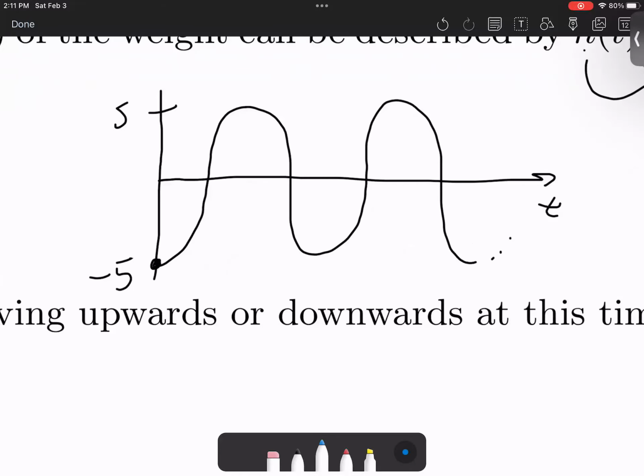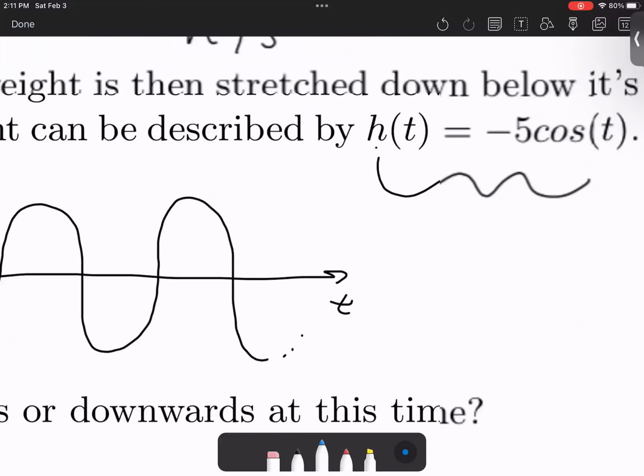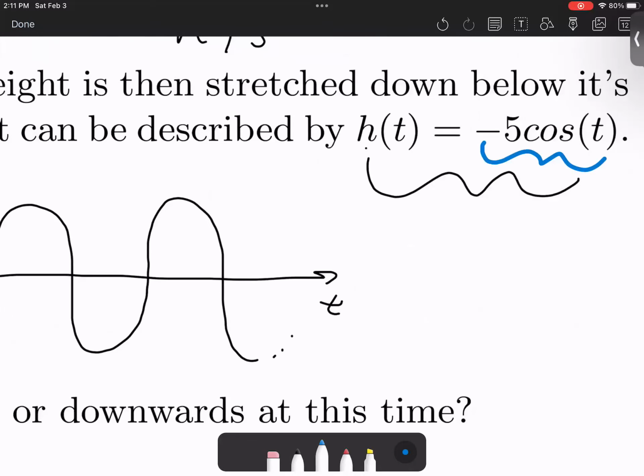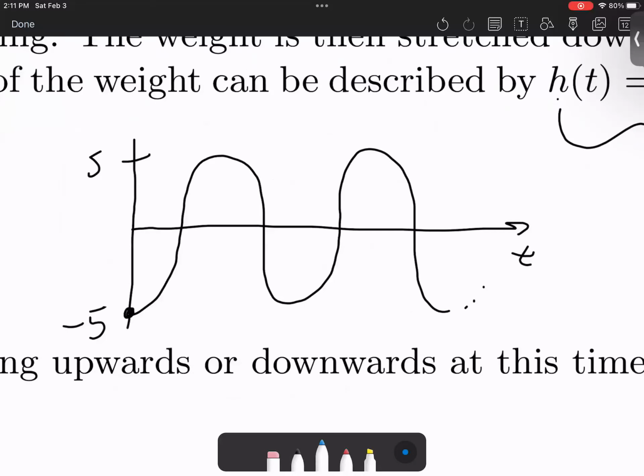And let's go ahead and locate some points on this graph. This is given to me by the cosine function, sorry, -5 cosine. That's why we start down here at -5 instead of +5. And it's going to oscillate. So we're going to get back down to here at 2 pi. So this value right here is going to be pi, which means we can put pi over 2 right there.